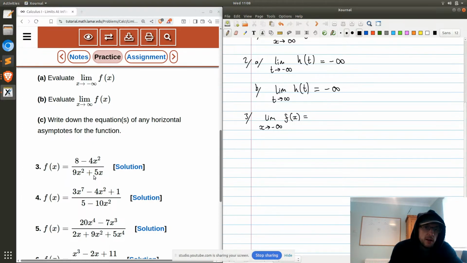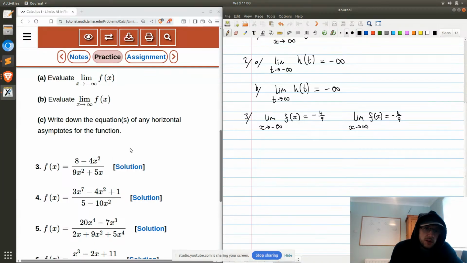In which case, it would be negative 4 over 9. And likewise for the limit as x approaches positive infinity. The squaring renders the sign irrelevant.